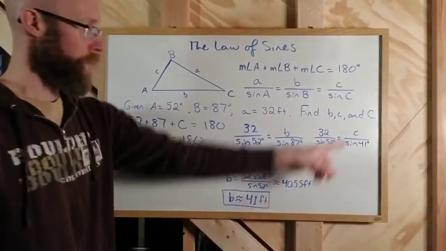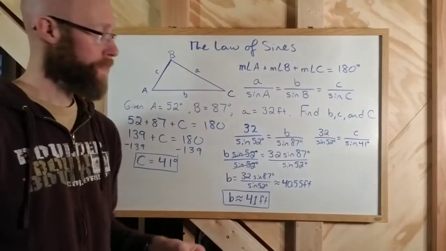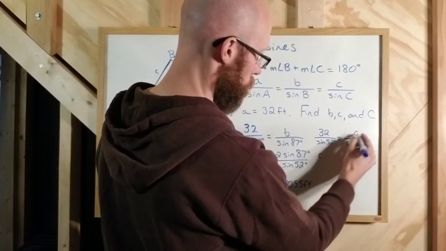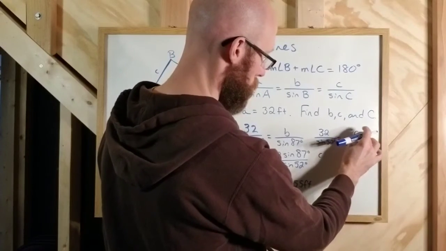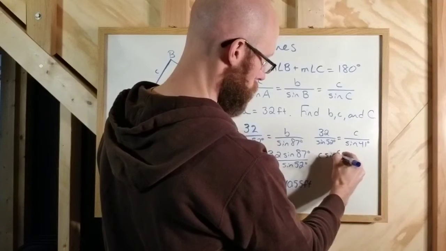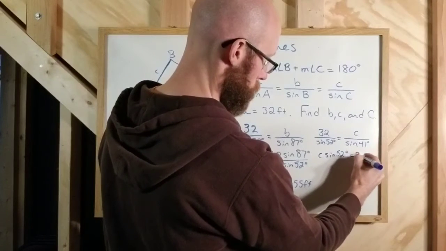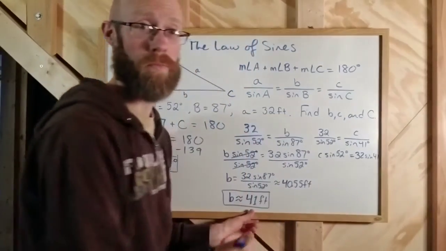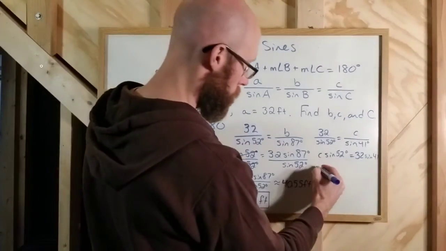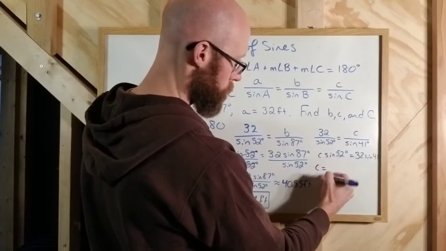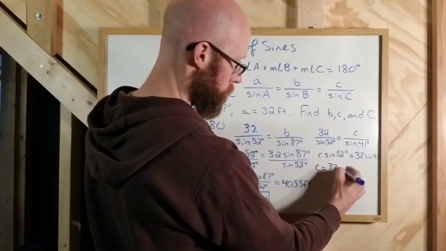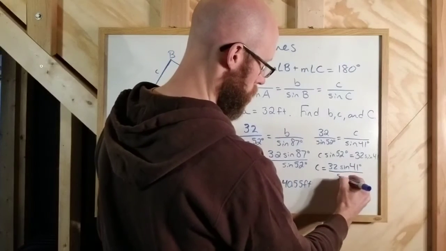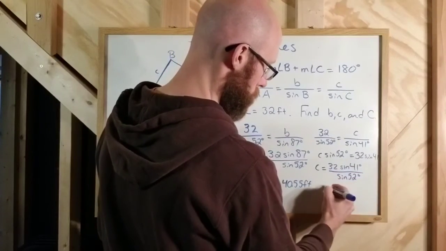Okay. Now when I cross multiply this, we'll get the same sort of structure as we had before. It'll be c times the sine of 52 equals 32 times the sine of 41. And of course I'm running a little bit low on room over here, but then I divide out the sine of 52, so it'll be c equals 32 sine of 41 degrees over the sine of 52 degrees.